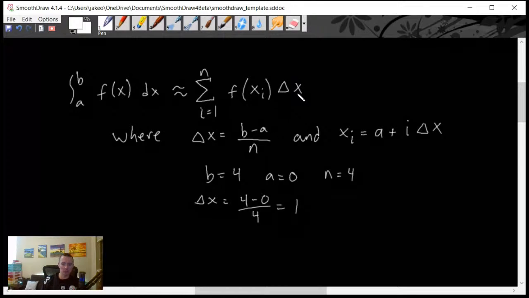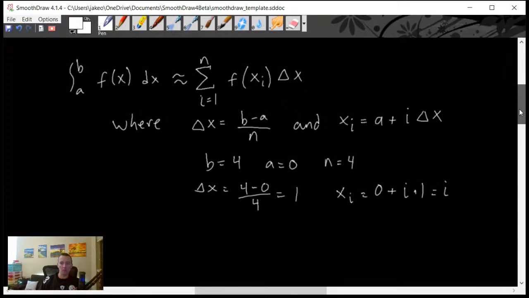So our delta x is 1. Then what we need to do is figure out each of our x sub i's. The general formula for x sub i is your left point, a, which is 0, plus i times delta x, which is 1. So in this case, x sub i is just going to be i.